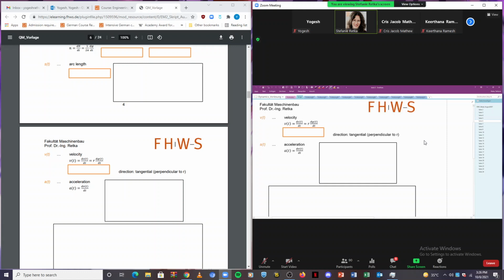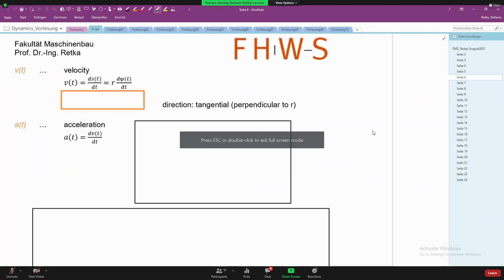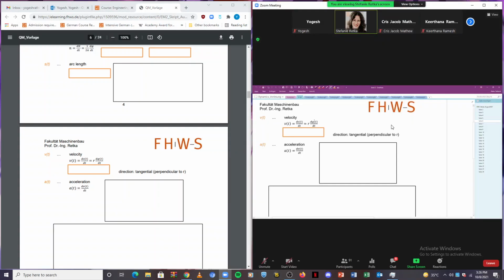We have the velocity, which is the time derivative of the position, ds over dt. And we already know from the previous page that the position or distance traveled is equal to r times d phi, the arc length. The distance traveled along a circular path corresponds to the arc length.